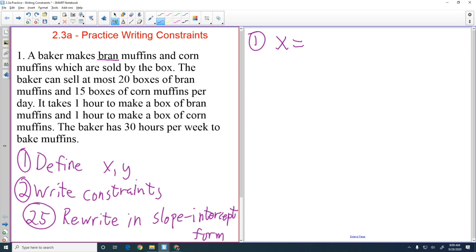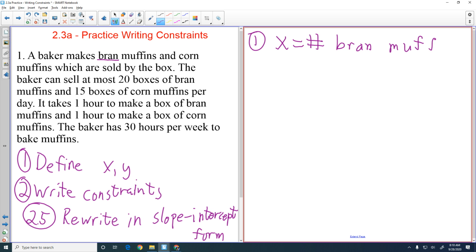All right, so there's one unknown. I don't know how many bran muffins to make. So x is the number of bran muffins. And then the other type are corn muffins. We'll call that y. Again, I don't know how many of each we're going to make, but these are our variables. So y is going to equal the number of corn muffins.